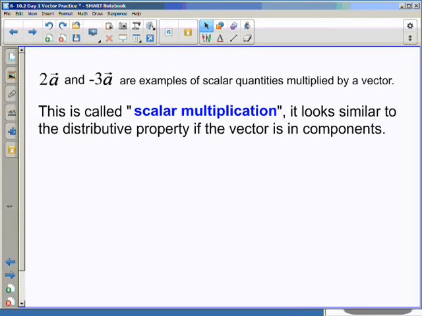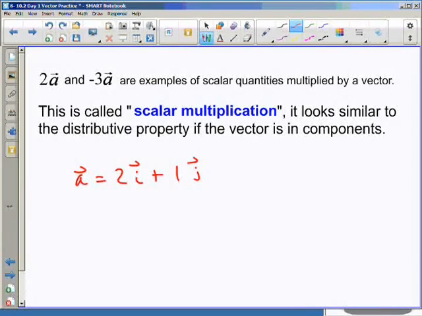It doesn't change a direction other than to make it opposite. It basically focuses on the length of the vector, and we call that a magnitude. So if we wanted to look at, let's say, for instance, 2A, the vector A, I believe, was 2i plus 1j.